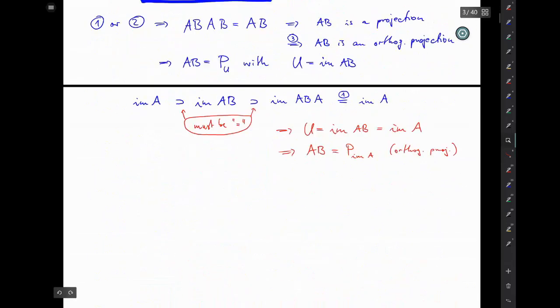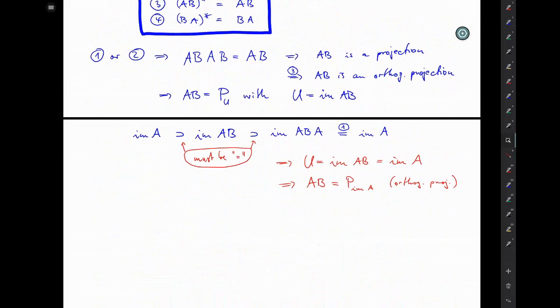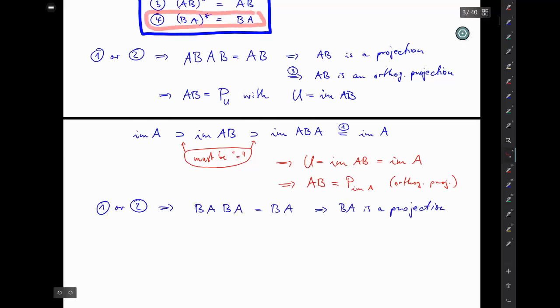In the very same style, you check that B times A is a projection, and this time by number 4 it's an orthogonal projection.